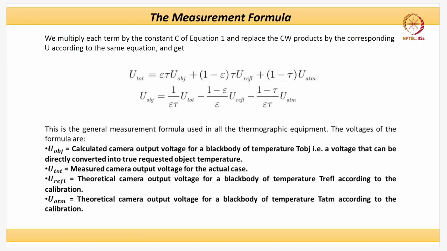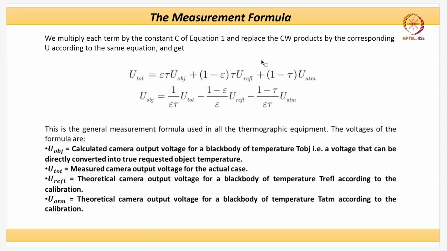The third term is 1 minus tau, U atmosphere. We are interested in the U object basically. So you take this U object out, then you divide everything and rearrange the terms. What it gives is U total divided by epsilon times tau, minus (1 minus epsilon) divided by epsilon times U reflectance, minus (1 minus tau) divided by epsilon tau times U atmosphere. So this is the total formula that you get.